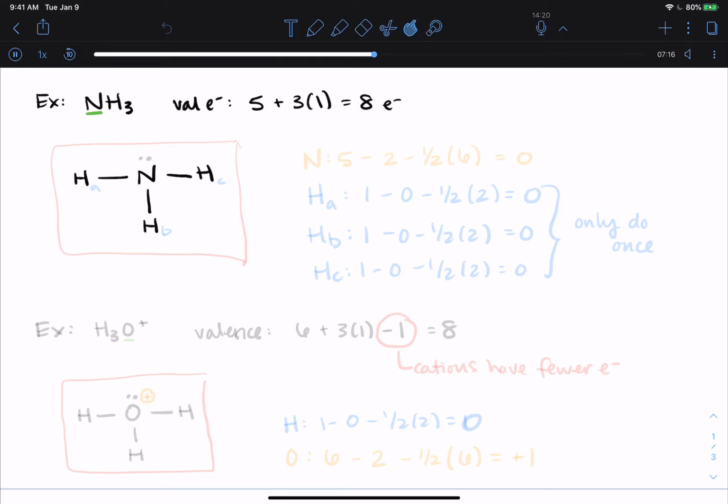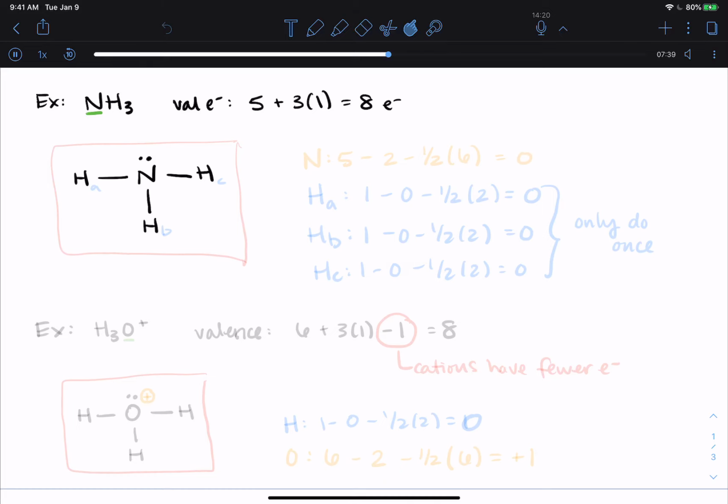If I count how many electrons I've used up here, I've used 2 per bond in 3 bonds. I've used 6. I've got 2 more that are available based on my count of 8 valence electrons. I'm going to put those as a lone pair on the nitrogen. So my nitrogen feels like it has an octet.